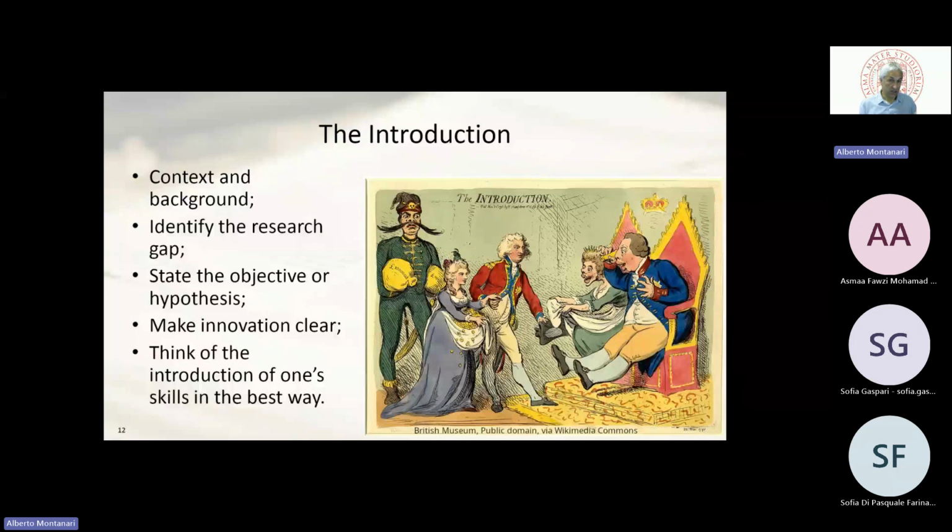So again, keep the attention of the reader high in the introduction, and of course, explain the context and the background by giving the proper room to it, and explain what the research question is, explain how you address it. But keep in mind the attention of the reader. Another thing: in the introduction, typically you concentrate a lot of references.